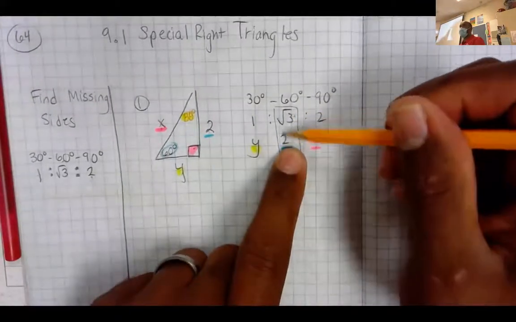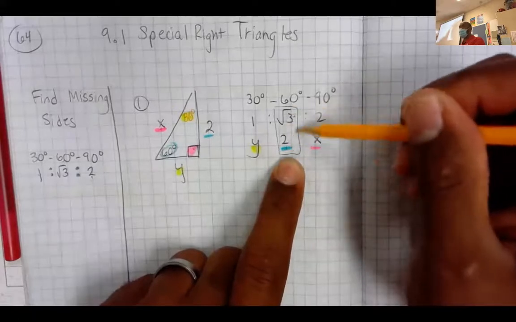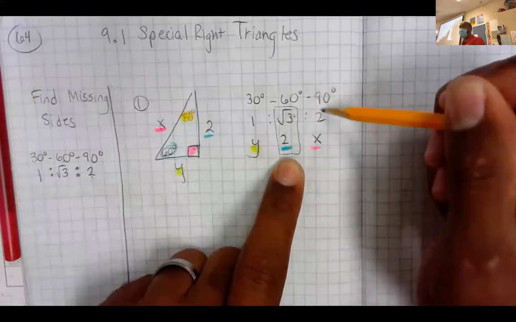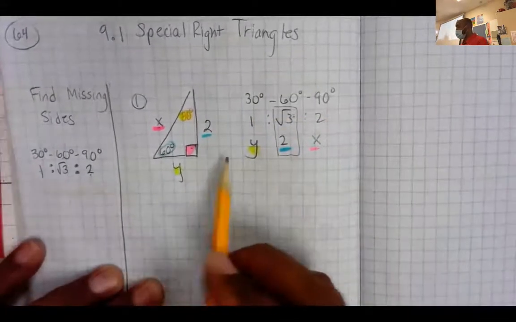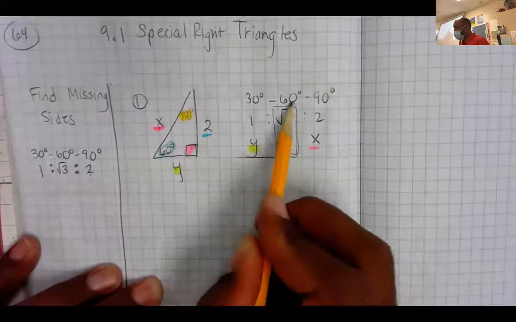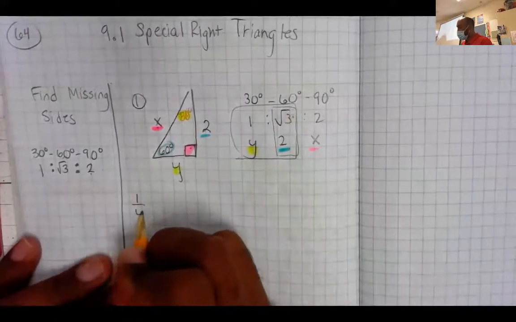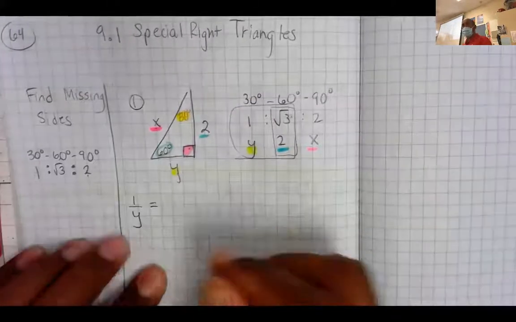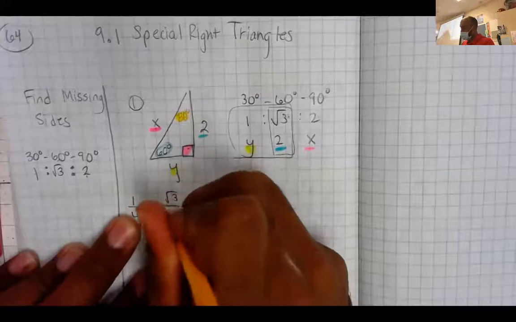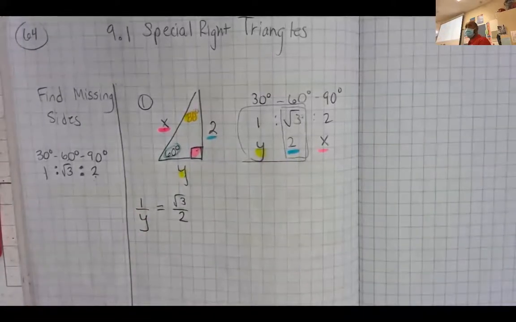But with law of sines, you had to have a pair where you didn't have a variable. So I'm going to take that known pair, and then either the 2 over x or the 1 over y. I can start with either one. I'm going to start with these two on the left, these two pairs here, and make an equation to solve for y. So first, 1 over y, and make that equal to rad 3 over 2. Now we just solve that.